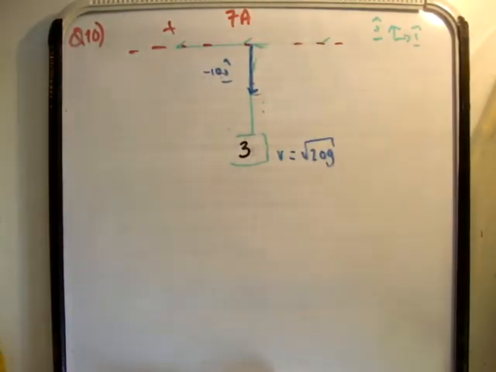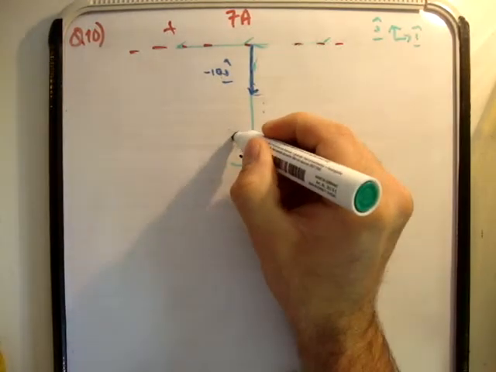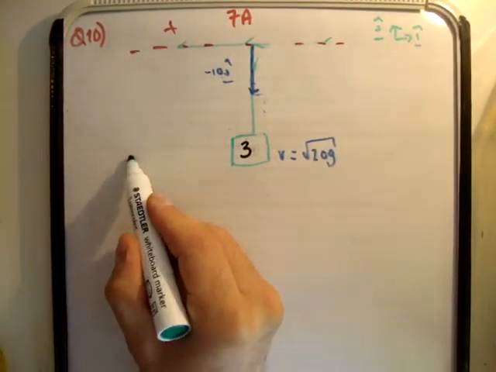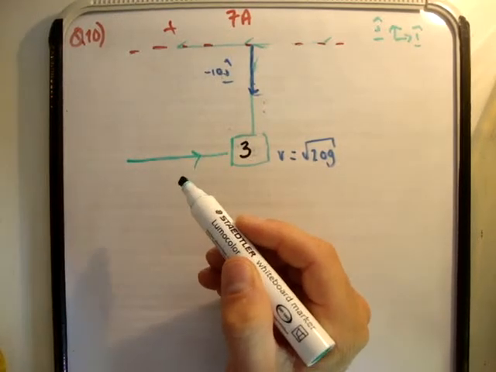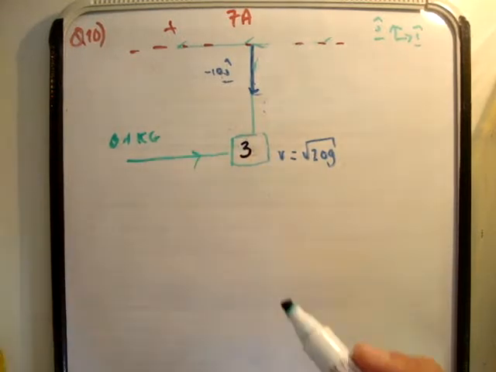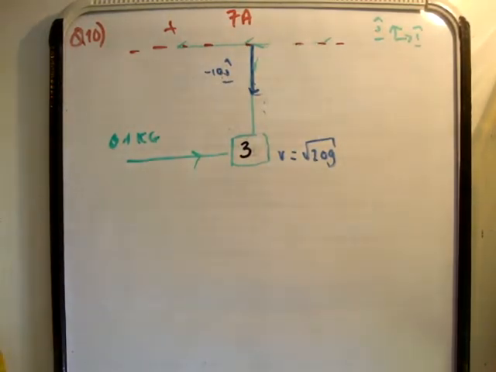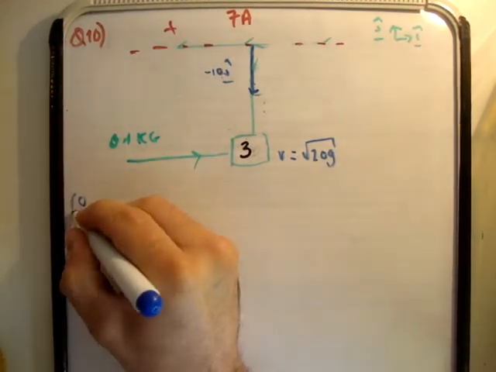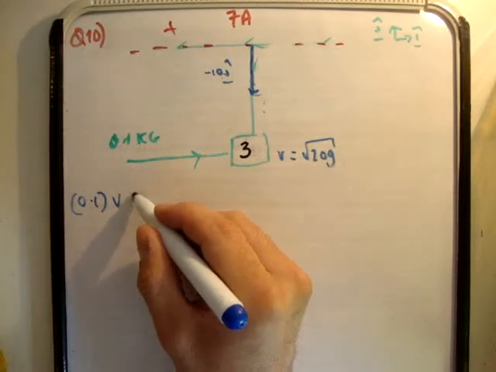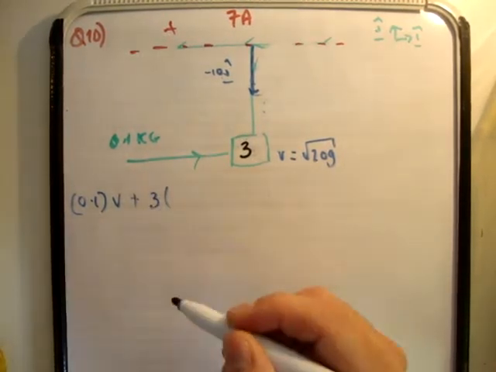Right, now the scenario we have is that there's a 3 kilogram compound mass moving after being hit by a 0.1 kilogram bullet moving in the i hat direction. So let's apply the principle of conservation of momentum. So we're going to get 0.1 times its velocity plus 3 kilograms times its velocity.